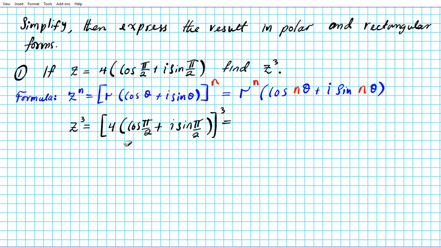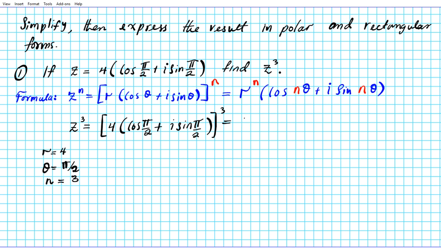But before we do that, can you see what r, theta, and n is in this setup that we have here? It's just a side point. Let's go ahead and write it down. R is 4. Theta is pi over 2. And n, what you're raising the complex number in polar form to, is 3. Okay? So let's input it into the formula.